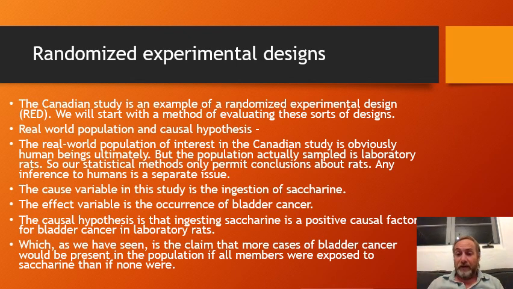Remember, those are our two populations, X and K. X is where everyone gets the saccharin, and K is where no one gets the saccharin. To say that saccharin is a positive causal factor is to say that there's going to be more cancer in the X group than in the K group. You can think of X as experimental and K as control.